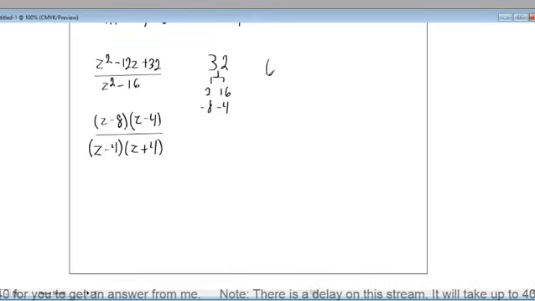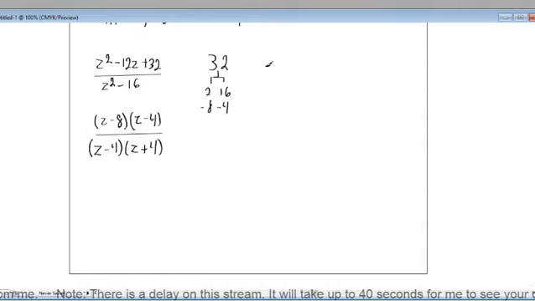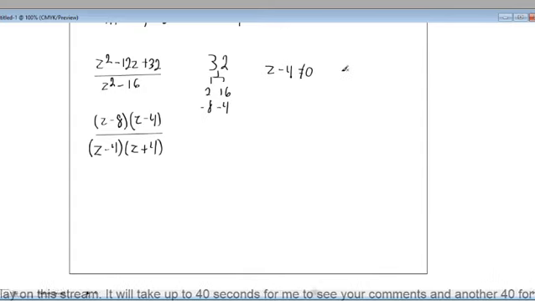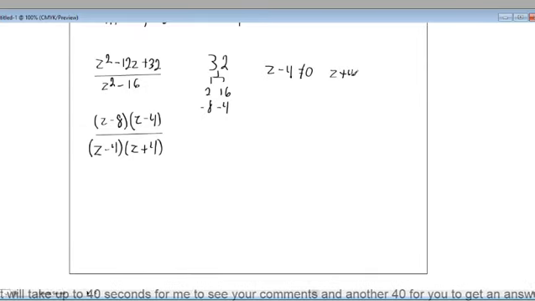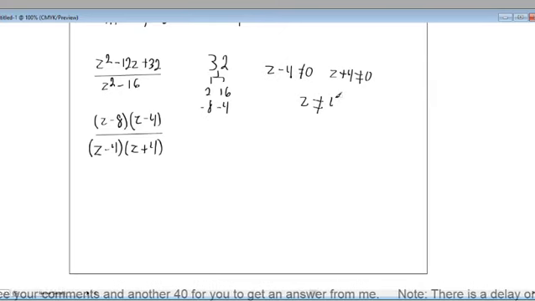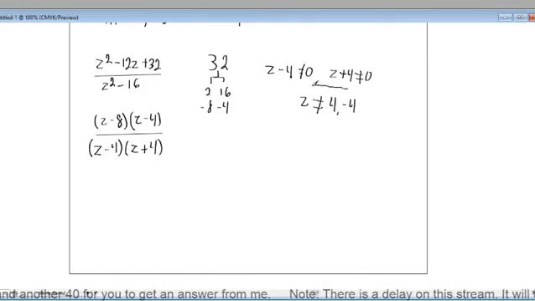So we say Z minus 4 cannot be equal to 0. And Z plus 4 cannot be equal to 0. Which means that Z cannot be equal to 4 or negative 4.